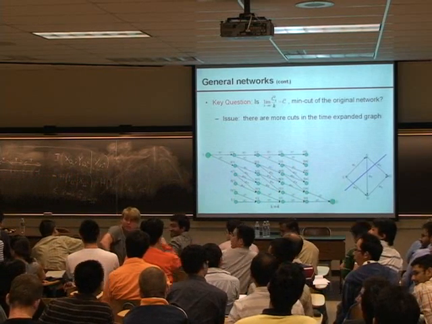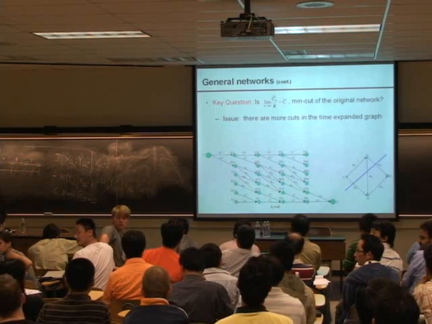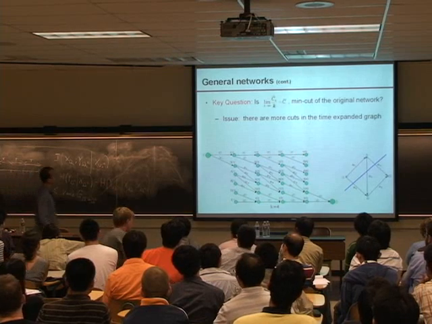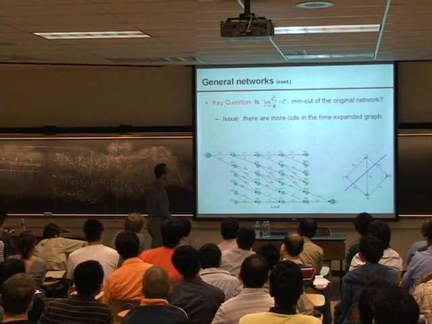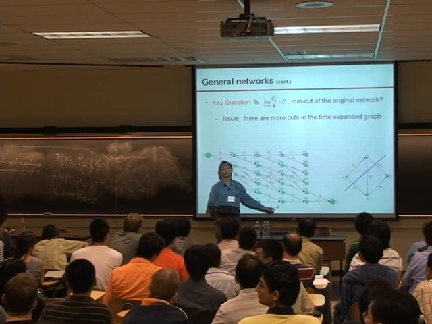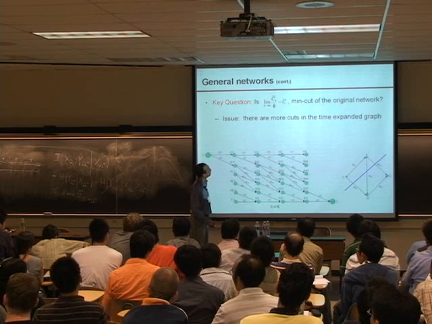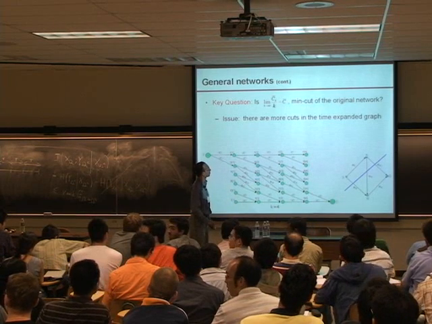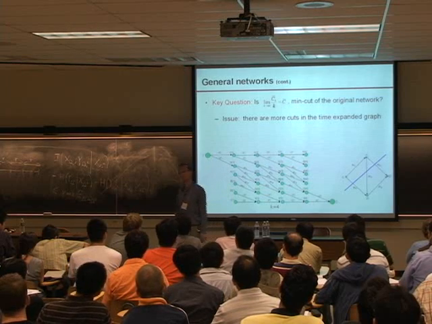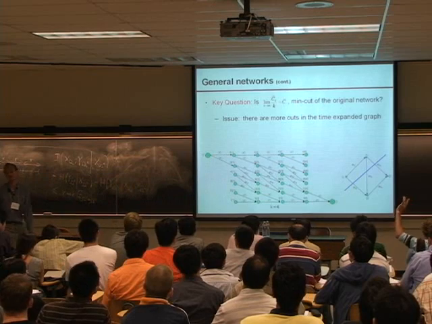If you take any cut in this network, won't that cut be infinity? Why infinity? K is finite here, right? So if you take any cut this way, it would encounter some infinities. Yeah, so those cuts you don't care about, because I'm interested only in the min cut. Some cuts are infinite, but they won't be binding on performance.